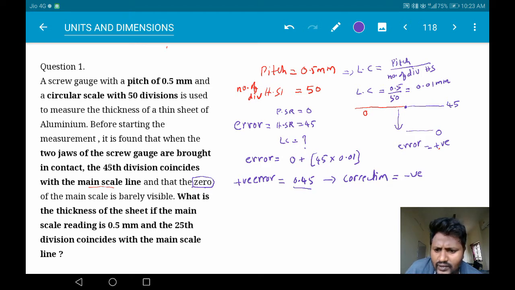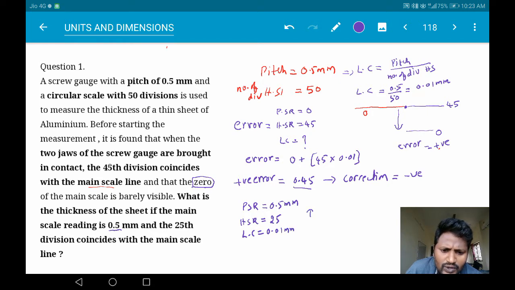Now when they are taking the readings, the main scale reading, that means pitch scale reading, is 0.5 mm, and the 25th division is coinciding with the index line, and least count we know is 0.01 mm.